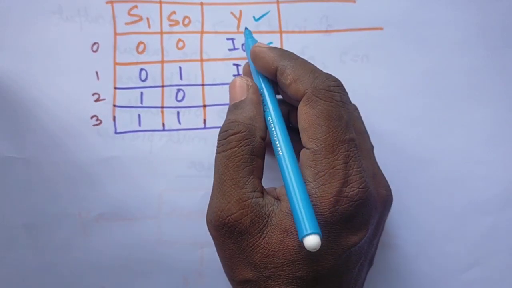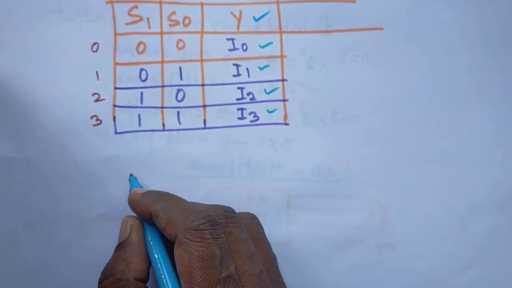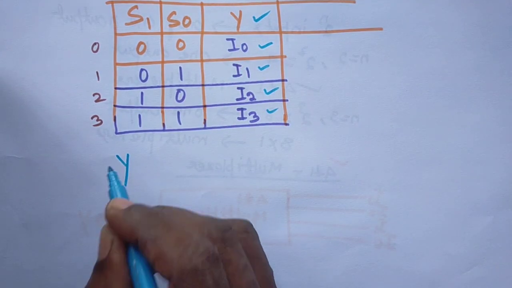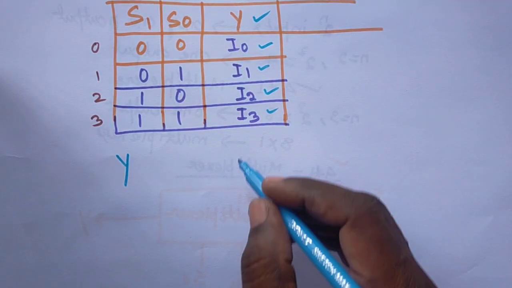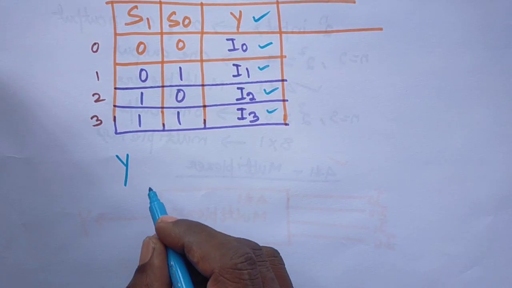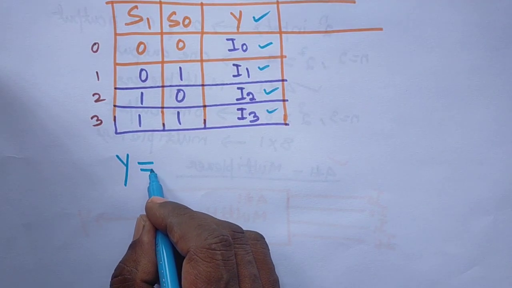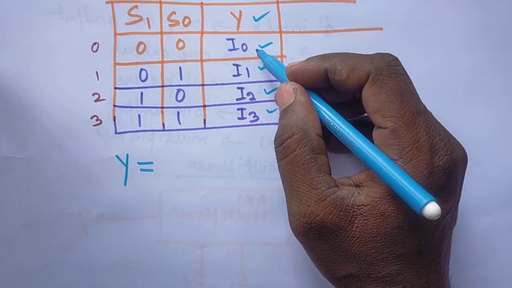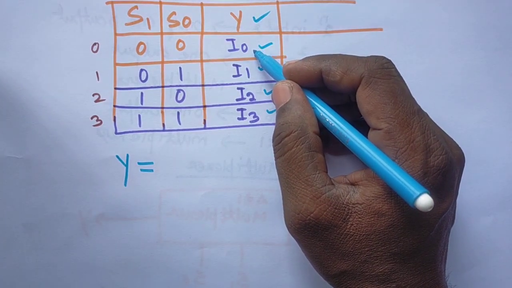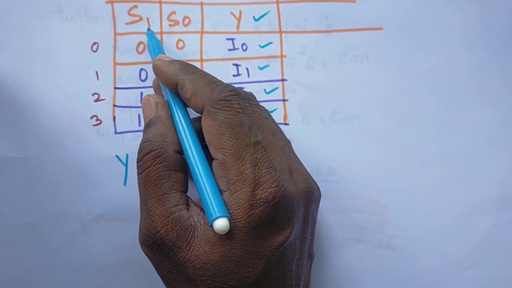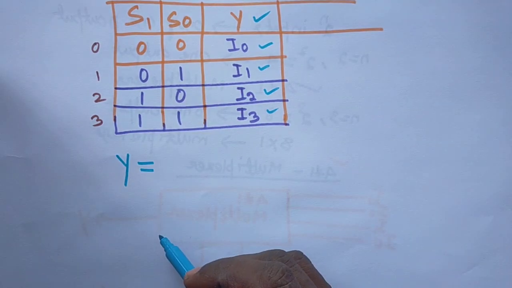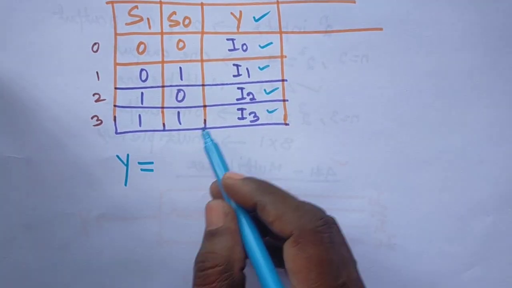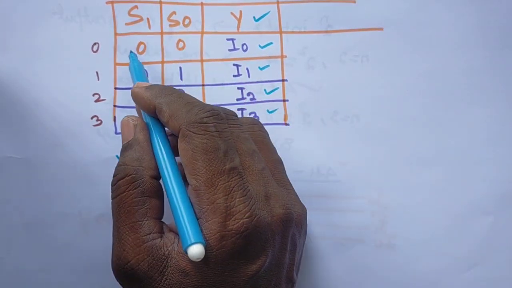You see, whenever I go through Y, suppose we consider it as a Boolean function. That Boolean function is defined through I0, but what does I0 depend on? S0 and S1. Yes or no? I0 actually depends on S0 and S1. So the combination of I0, S0, S1 makes one logic circuit to produce this value. Again, Y is also defined through I1, I2, I3 like this, which depend on S0 and S1.